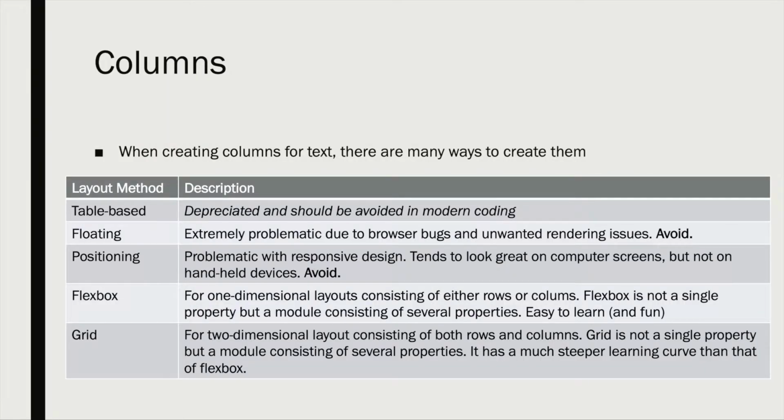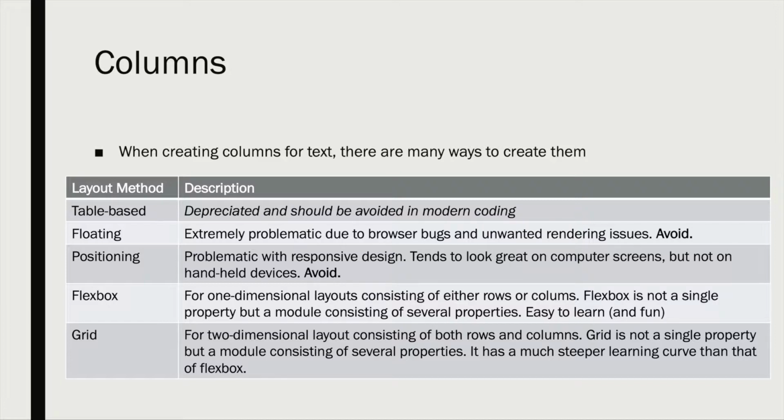Let's take a look at columns. When creating columns for text, there are many ways to create them, but we're only going to go over two for this actual chapter. You have table-based, which is how things were done back then. We've covered this with tables. It's deprecated and should be avoided in modern coding. You have floating, which we just covered.